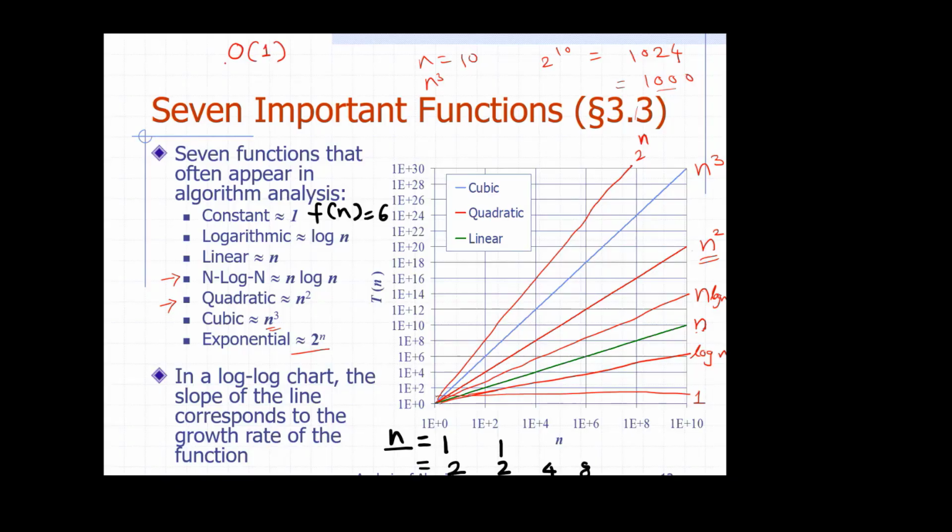So we will see the notation in more detail in the next class. But right now, 1 is not one unit time, but some function which is increasing constantly. So it doesn't really depend upon what my size of n is. Then some functions will grow in a logarithmic manner.